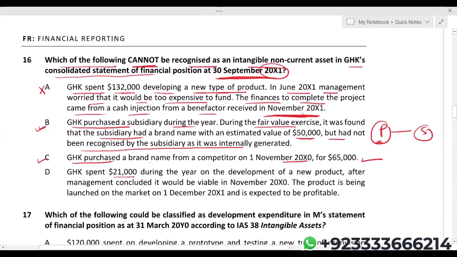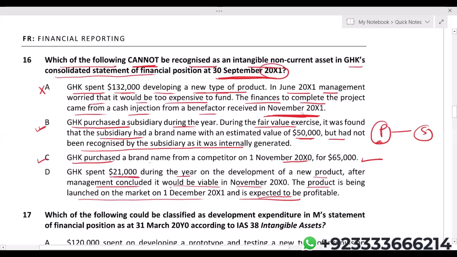GHK spent $21,000 on development of a new product after management concluded it would be viable in November X0. The product has been launched and is expected to be profitable. When did they spend?